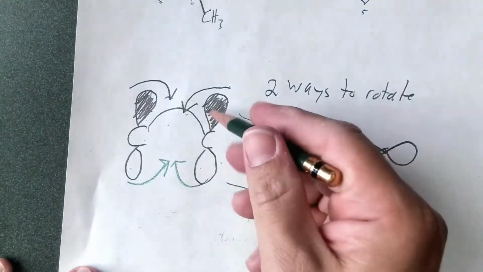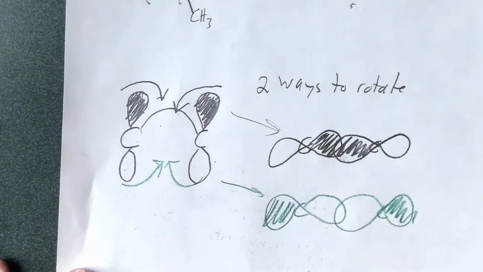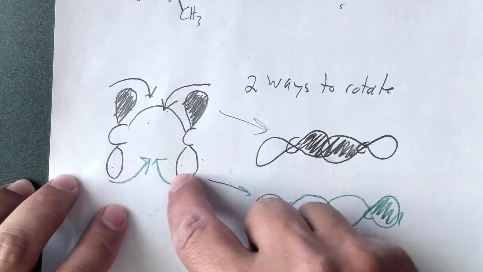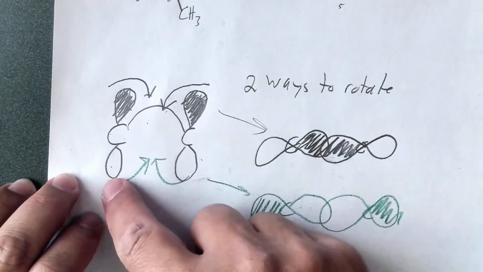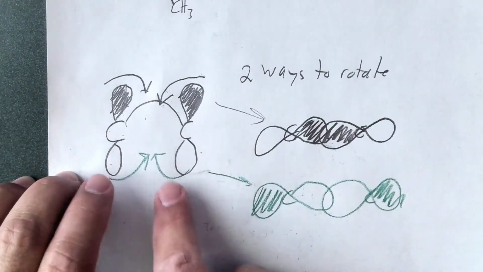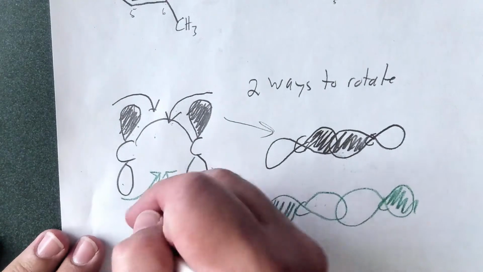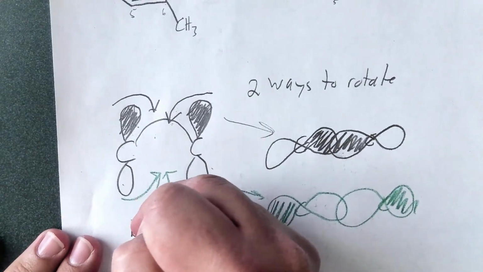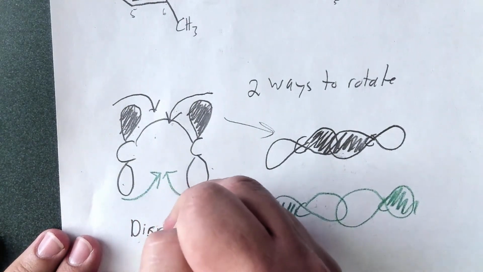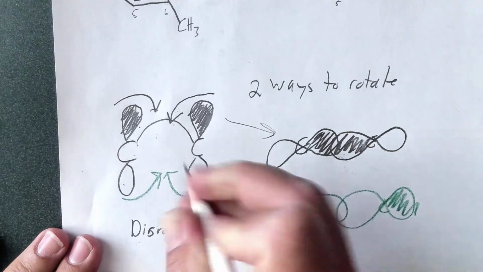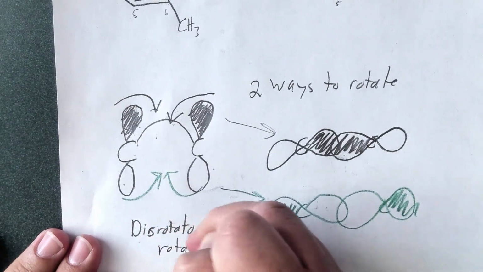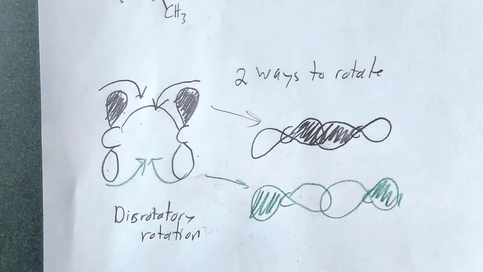So in both of these cases, if you notice, they're rotating opposite directions. This is clockwise, this one's counterclockwise. And so in both of these cases, in order to overlap the same sign lobe, these are both examples of disrotatory rotation.